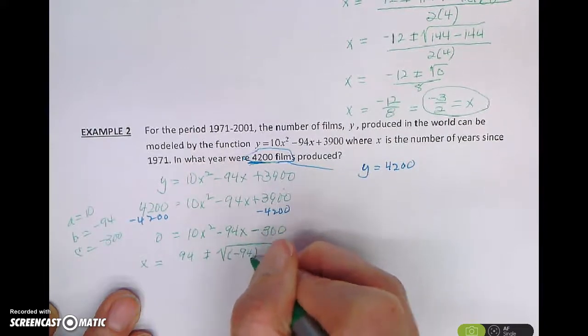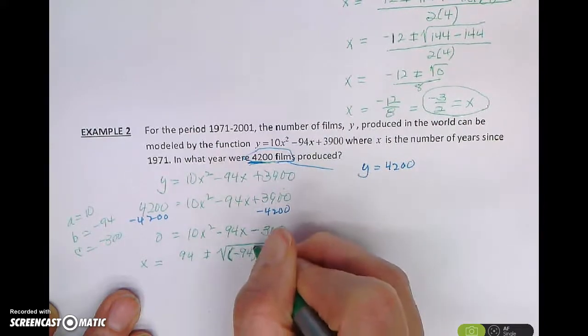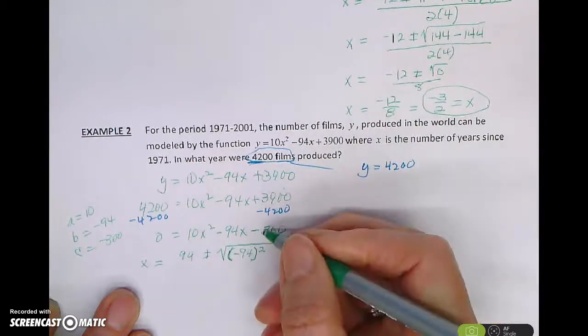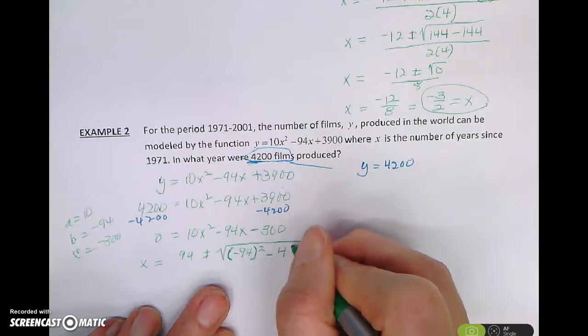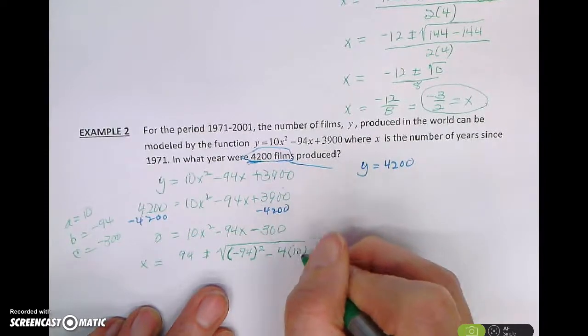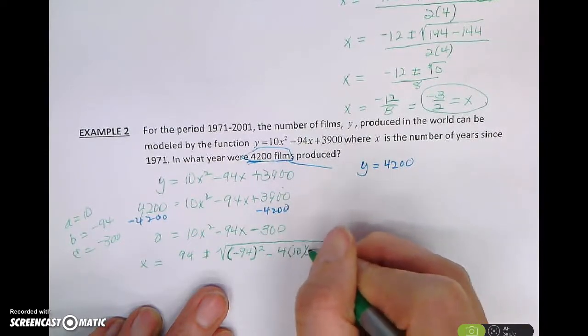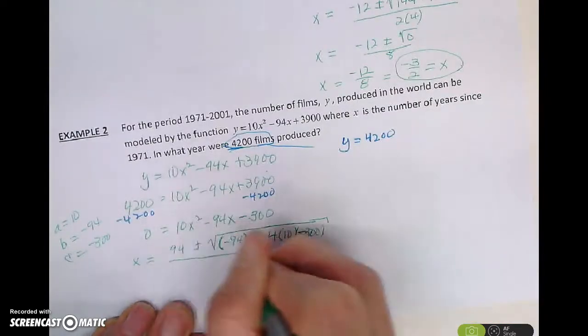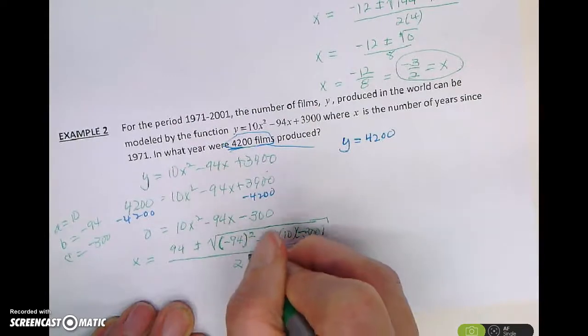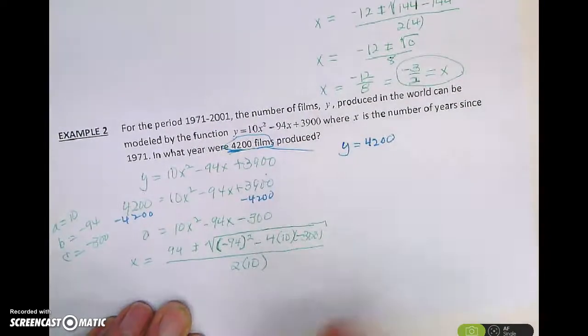I'm just going to put it in parentheses. So remember, put this in parentheses when we do it. Negative 94 squared minus 4 times a, which is 10, times c, which is a negative 300. It's going to be all over 2 times a, which is 10.